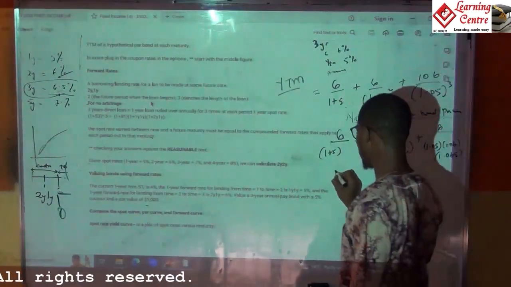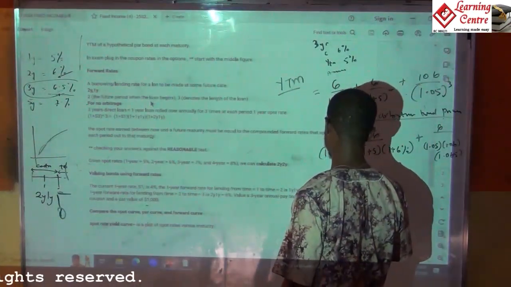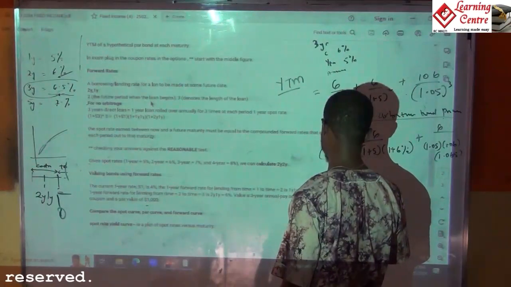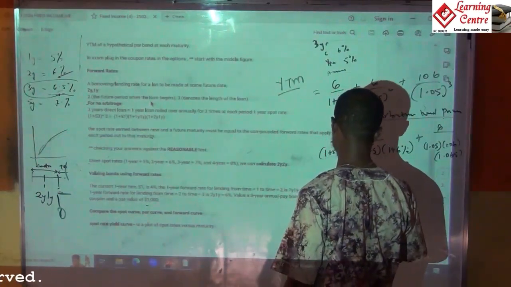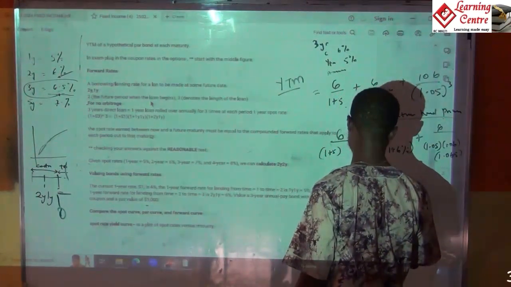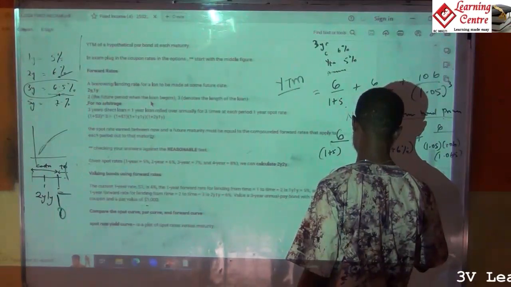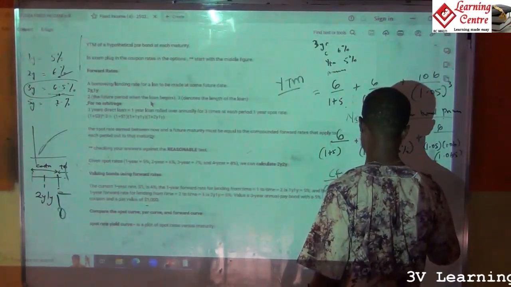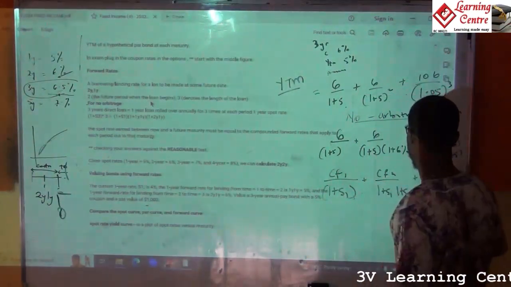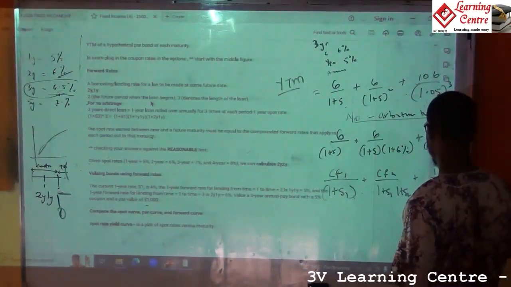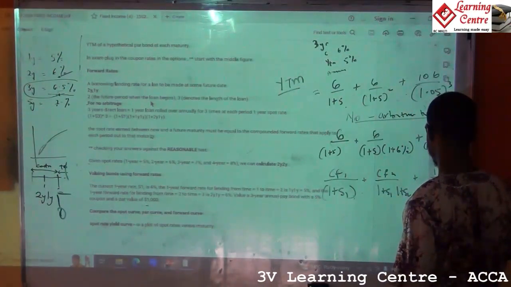So the notation is cash flow 1 over (1 + S1), cash flow 2 over (1 + S1)(1 + S2), then cash flow 3 over (1 + S1).